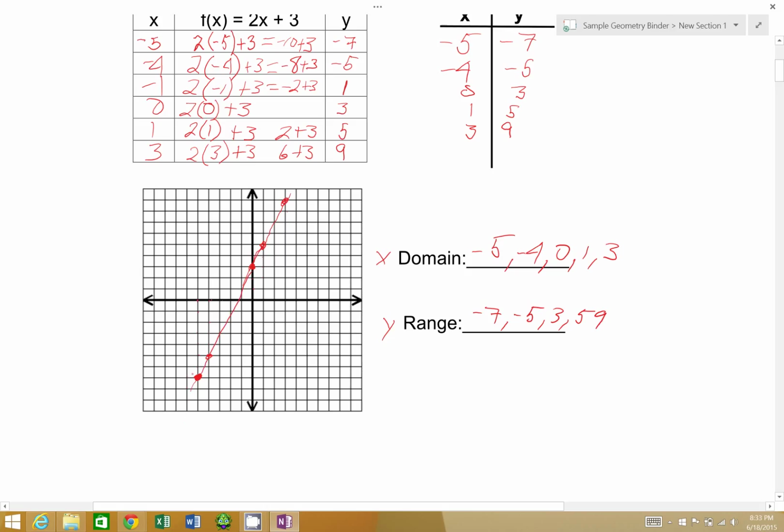Now, because it's not a closed line, I'm going to put arrows on either side, and that tells me that I've just built a continuous line out of a set of plots. What's cool is we not only had the set of plots so we could see that relationship, but we also had the function itself, 2x plus 3, so we could see that relationship as well as we went along. Okay, let's go forward.